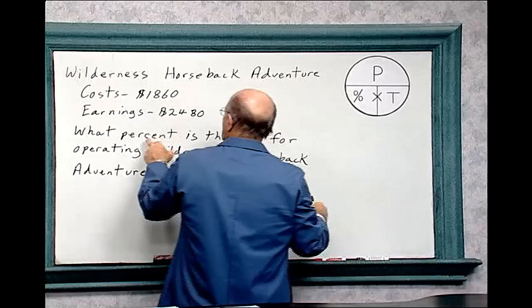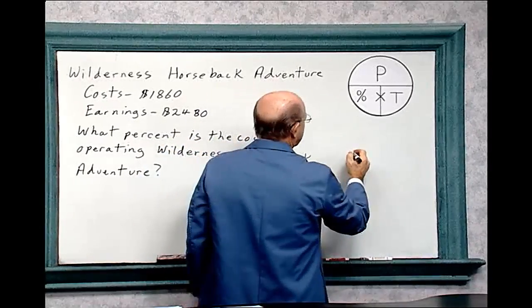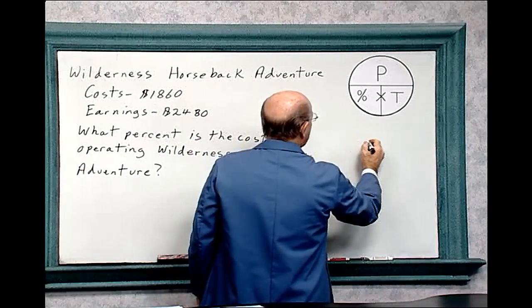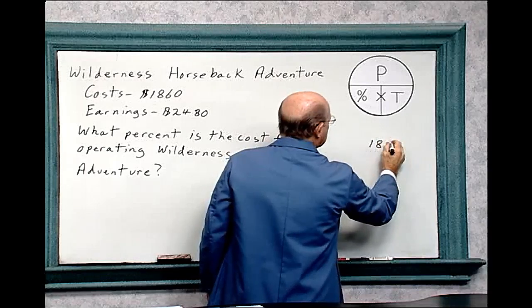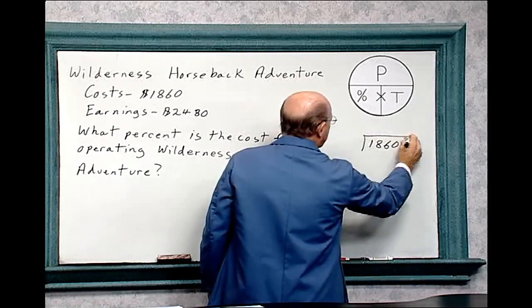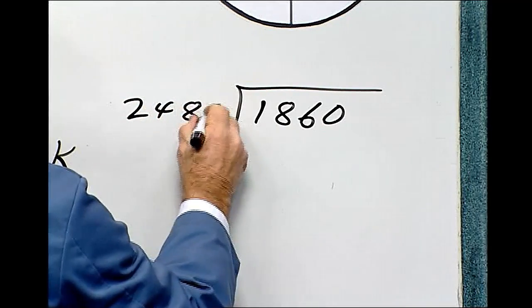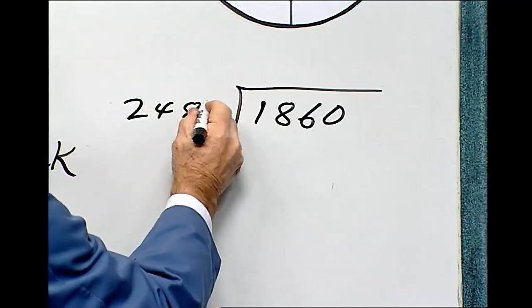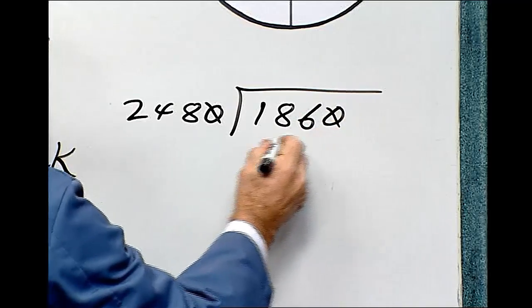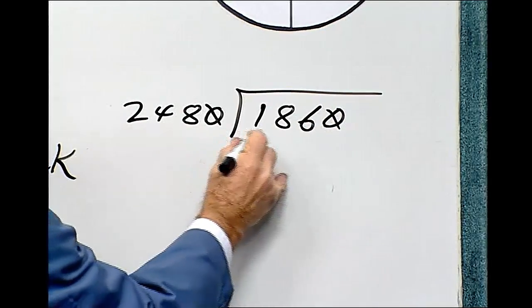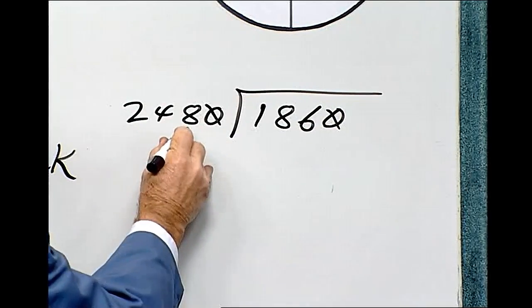And that will give us the percent of the cost. So we divide 1,860 by $2,480. So we can remove the zero here. And so now we divide 186 by 248.